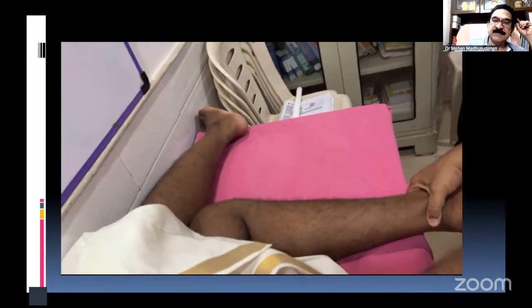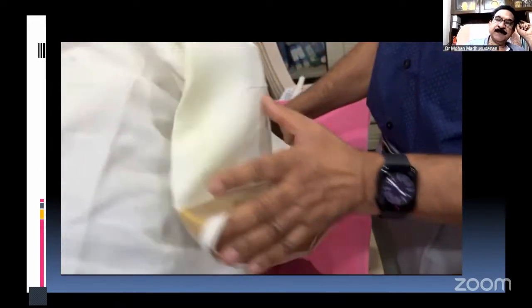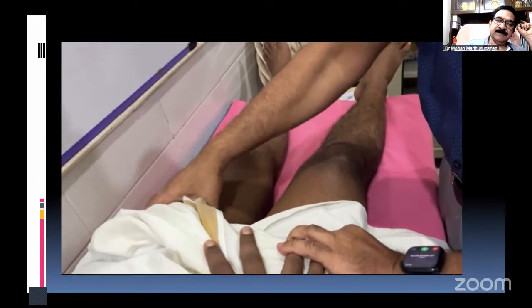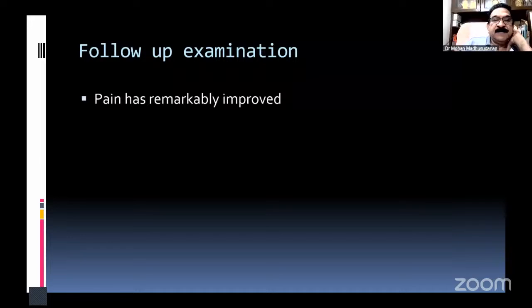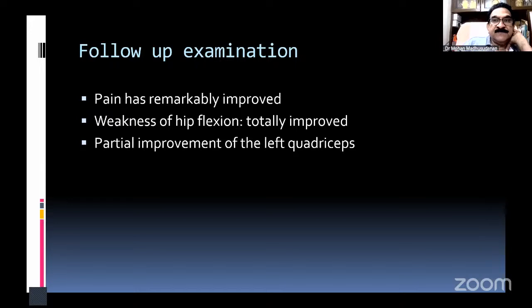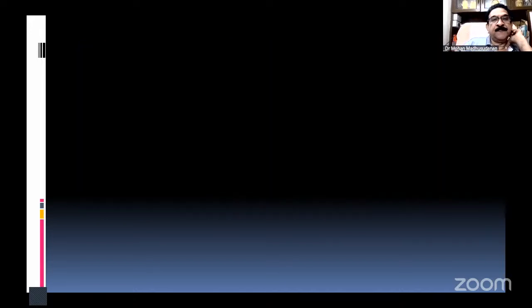Initially he was screaming with pain, now it has decreased to mild pain. So at follow-up examination, pain has remarkably improved. Weakness of the hip flexion totally improved. Partial improvement in the left quadriceps. He was able to walk unaided. Initially he was not able to walk without support. Left knee jerk continued to be absent. Area of sensory loss has shrunken.